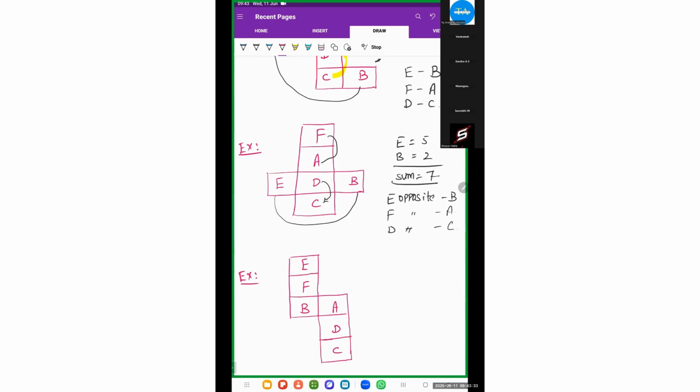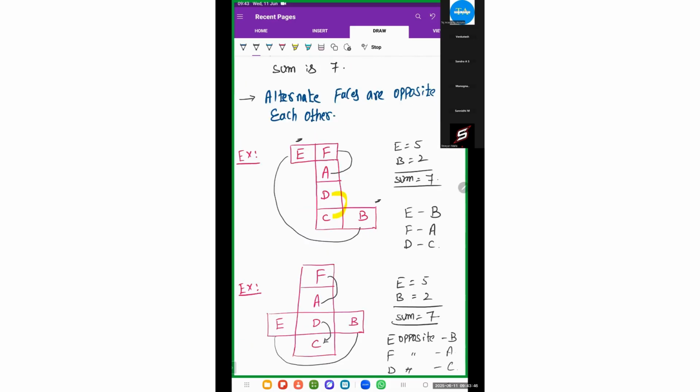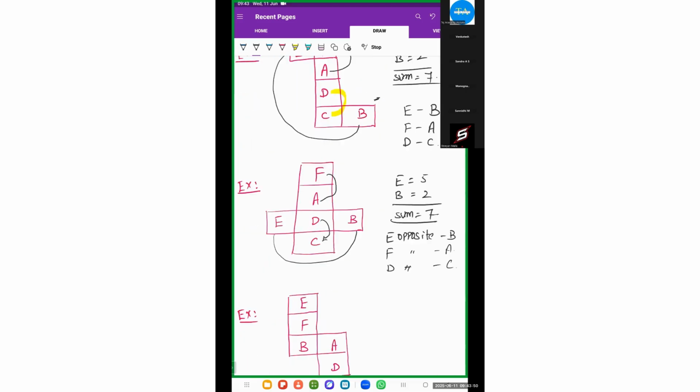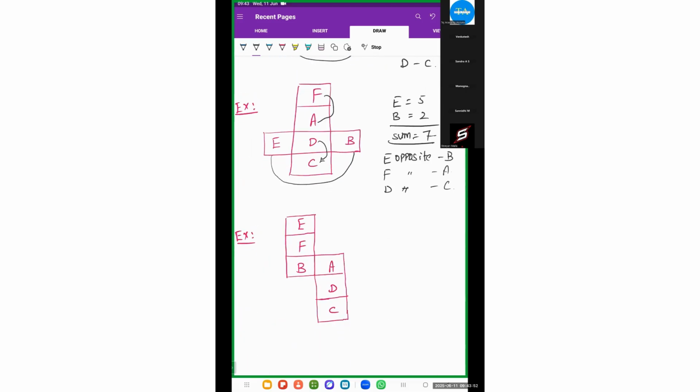Here B, E, F is the extension, A, D, C is also an extension. So like these figures, you identify the alternate faces. You see the alternate faces. Alternate faces sum is 7.